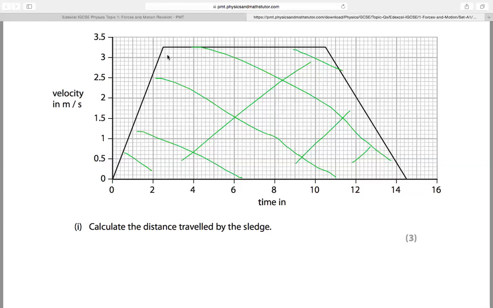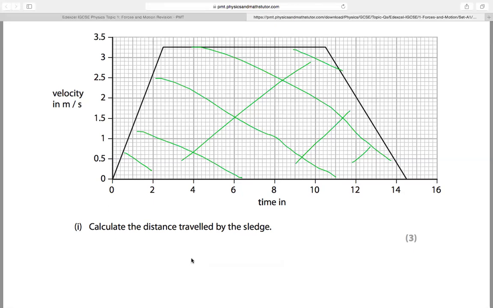Okay, so the easiest way to do this is, you divide it into segments, into shapes. So the first shape you can divide it into is a triangle, and then you can have a square here and then a triangle here again. So you divide it into 3 shapes and then you calculate the area.